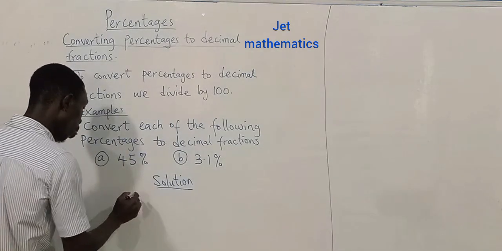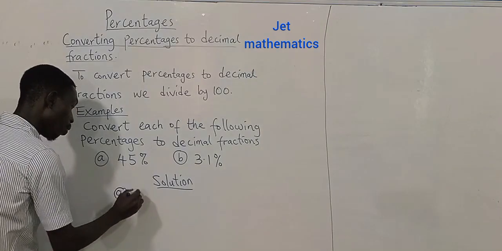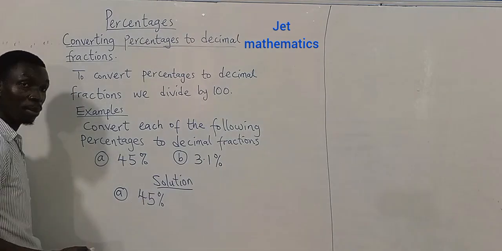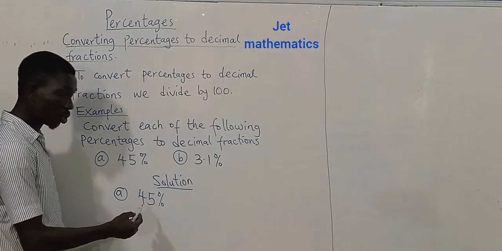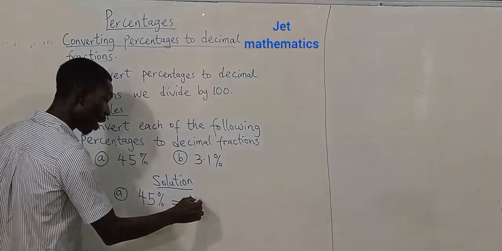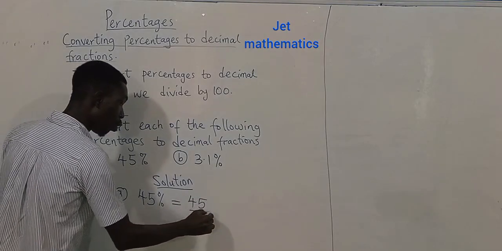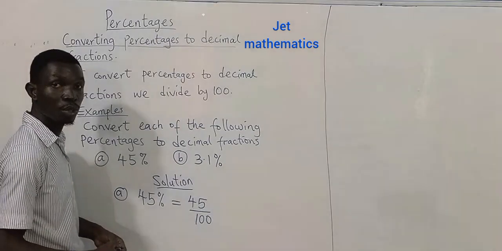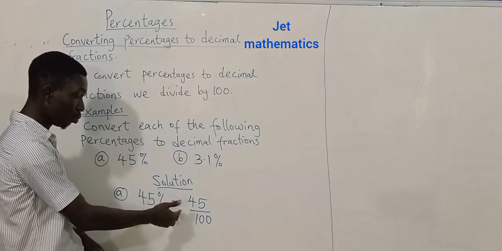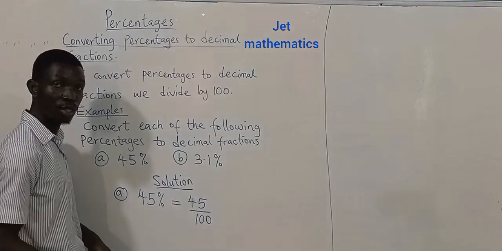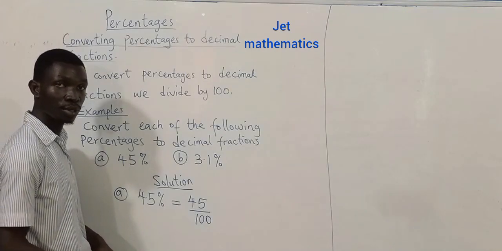Remember, in our last class we said you can express 45% as 45 over 100. And the next thing we need to do is change this to a decimal fraction.